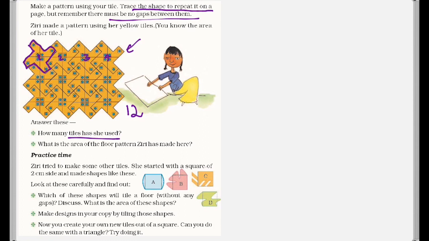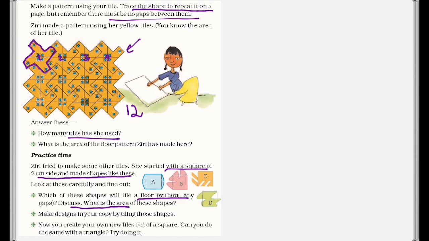Now Ziri tried to make some other tiles. She started with a square of 2 cm side and made shapes like this, which are shown as A, B, C and D. Now look at these carefully and find out which of these shapes will tile a floor without any gaps.